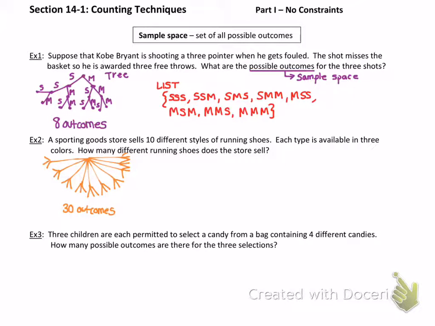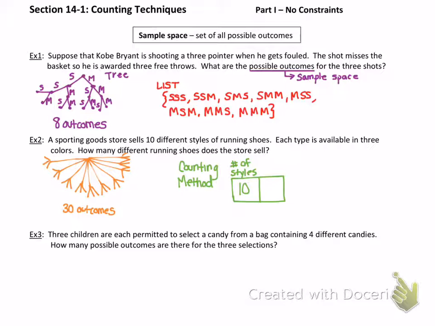Another way we can go about doing this is called the counting method. We can just simply depict our tree in 2 different stages. The first one was the number of styles, and we said we had 10 of those.